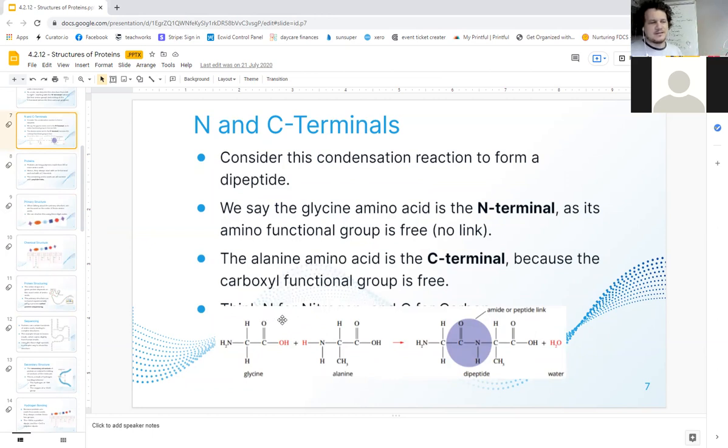On the right-hand side, we've got the C-terminal, or the carboxyl group. Remember, each time we stick 2 amino acids together in a condensation reaction, we produce water as a byproduct.